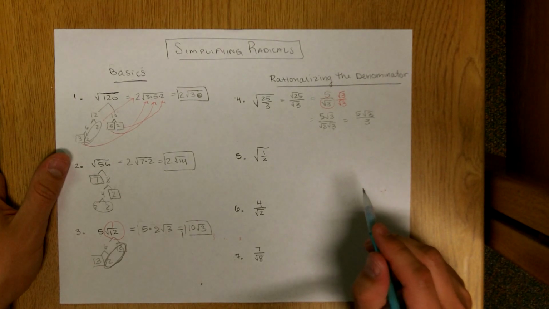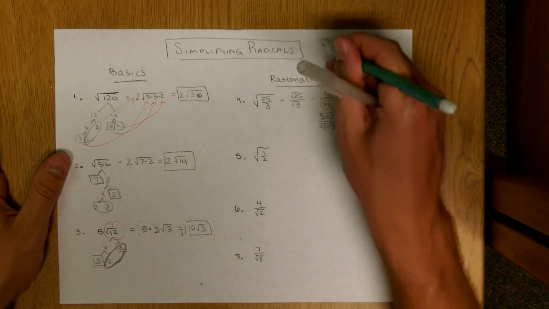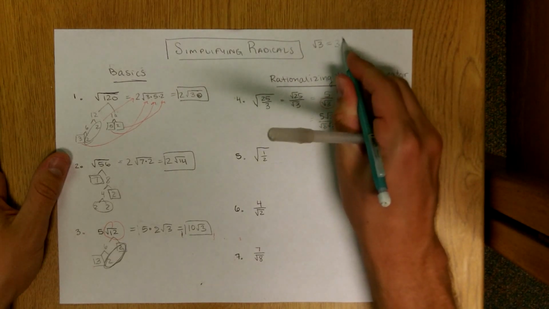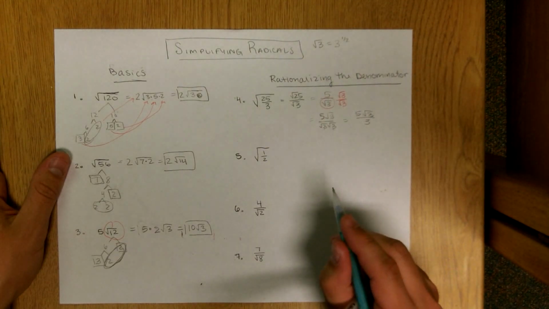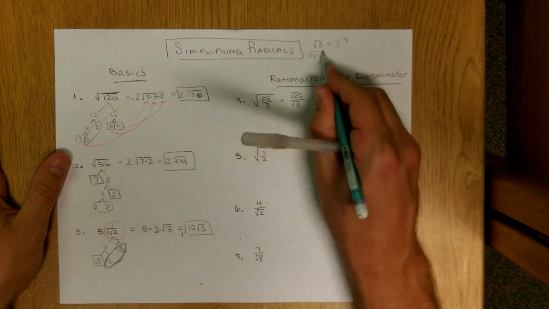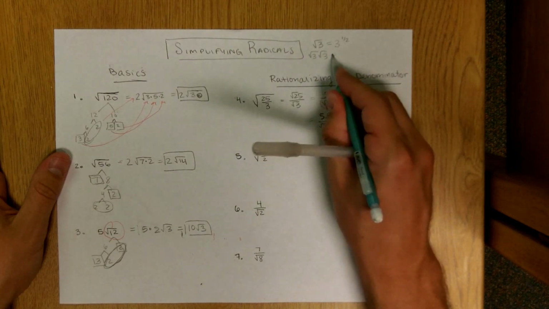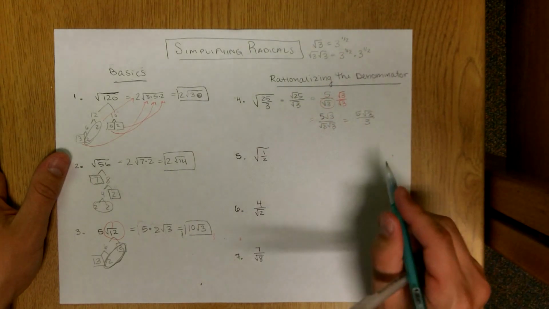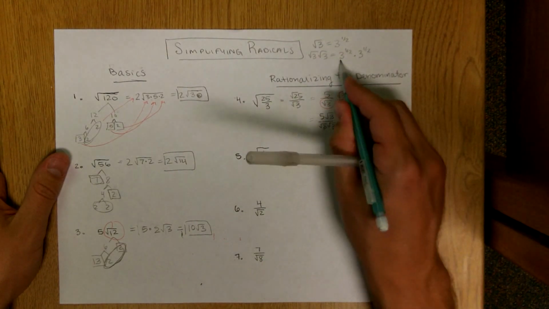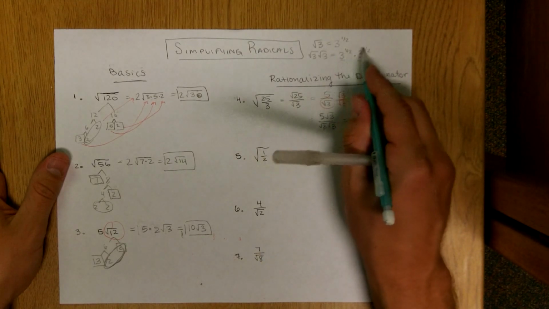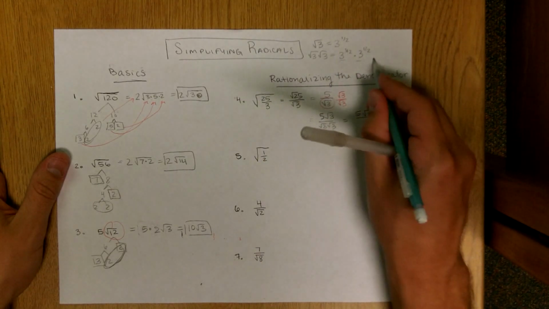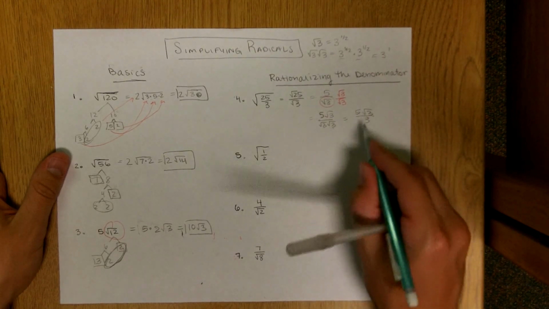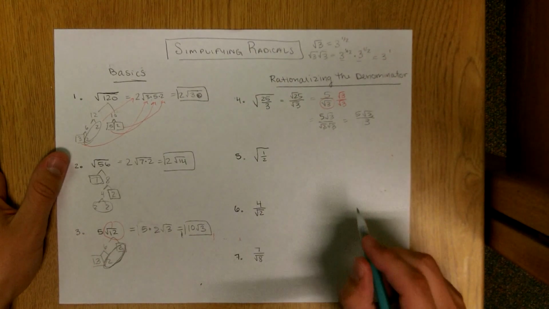The reason why this is true, square root of something is just like saying that number to the 1/2 power. If we have square root times square root, we're saying that number to the 1/2 power times that number to the 1/2 power. When you're multiplying and you have the same base, you add the powers together. So this is 3 to the 1 power, which is just 3. That's what we got out down here.